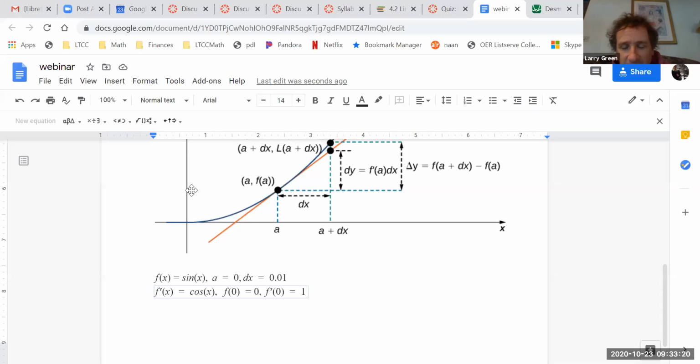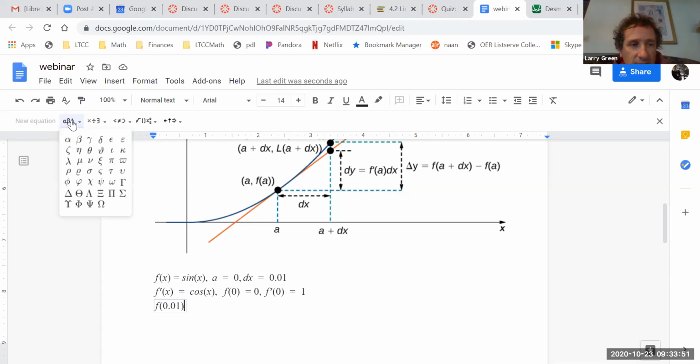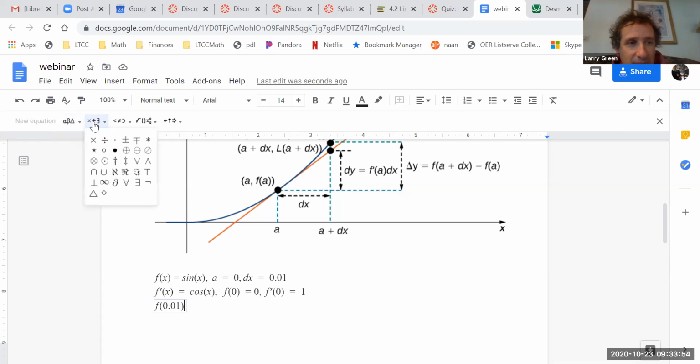Okay, so now once we have all that information, we can start plugging everything in. So now we can say that what we wanted to look at is f of 0.01. Any questions on that? Okay, now without a calculator, we can't get it exactly. Even with a calculator, you can't get it exactly, it turns out.